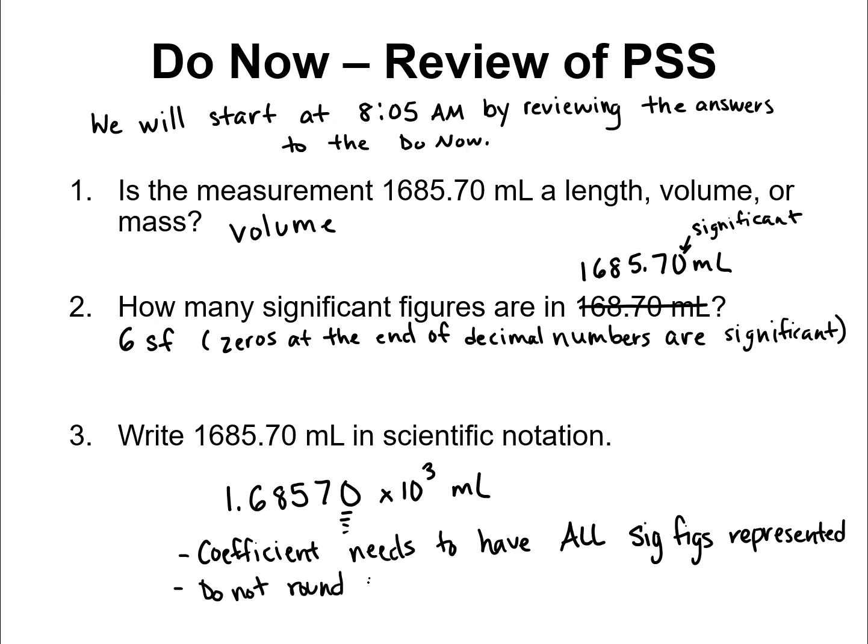And don't round unless directed to. So if you're answering a question where you have to use the correct number of sig figs, you always round. But if the question is simply write this number in scientific notation, you want to keep all the significant figures in your coefficient when you're writing scientific notation.